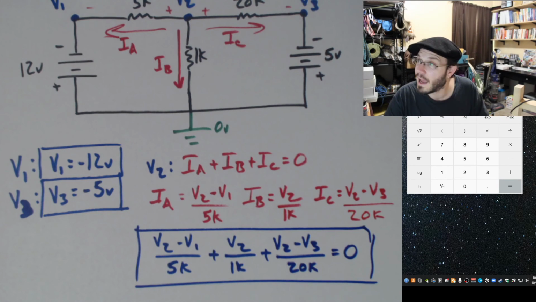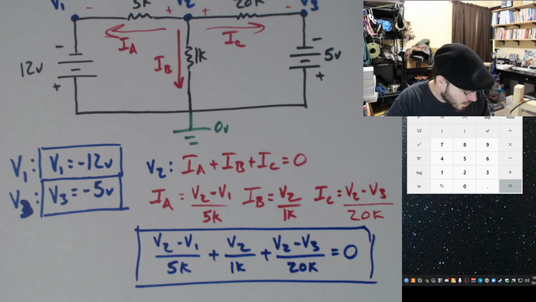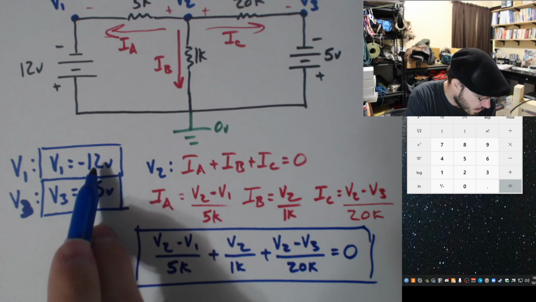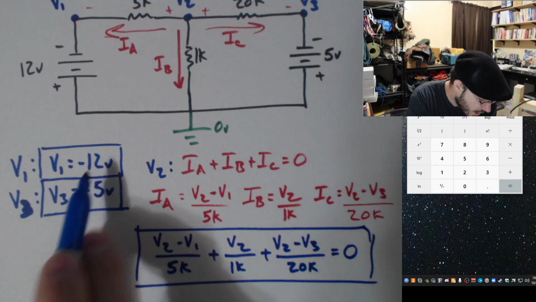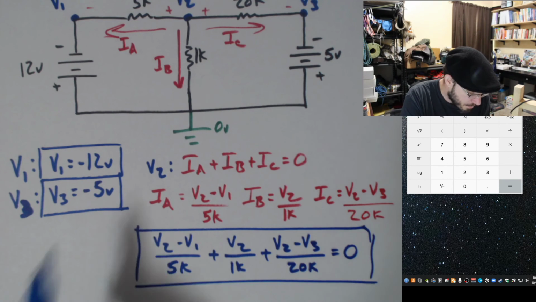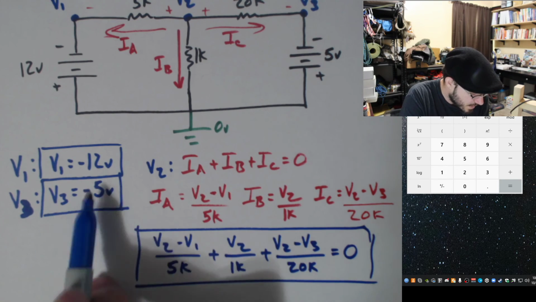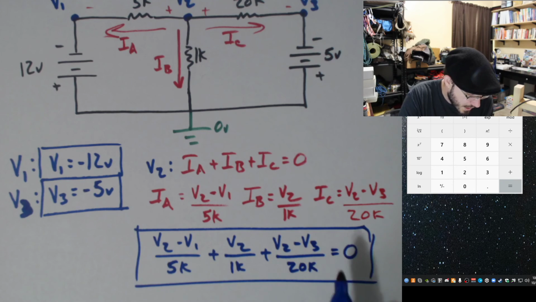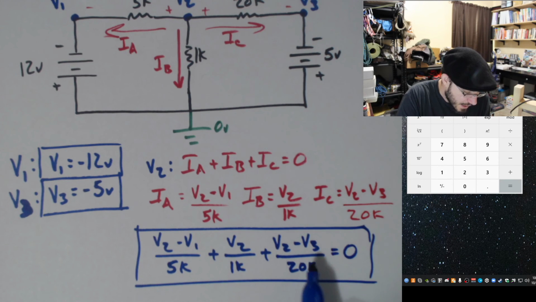And now I have my third equation. Nice thing about this one, again, I don't have to solve a system because I already know V1 is equal to minus 12. So propagate, plug that all into this equation. Same thing with minus 5 for V3. So put in a, this is going to end up being, well, plus 5. And this over here would be plus 12.